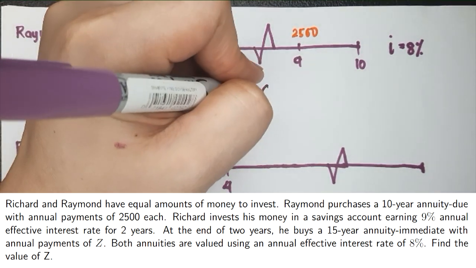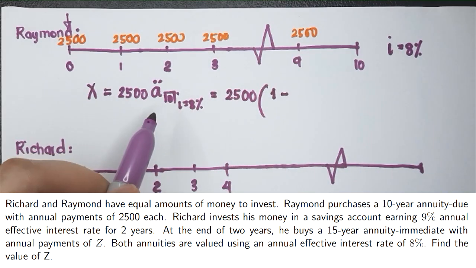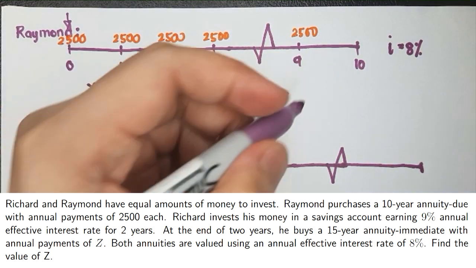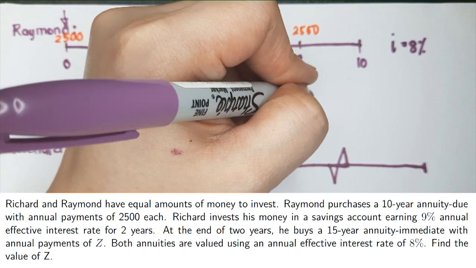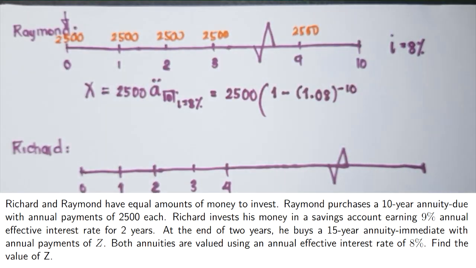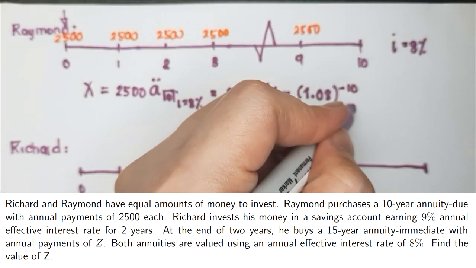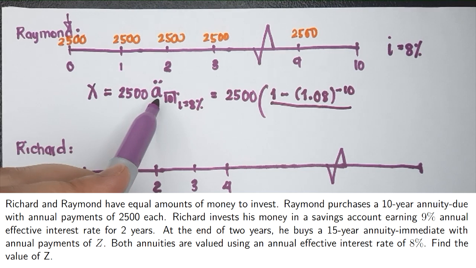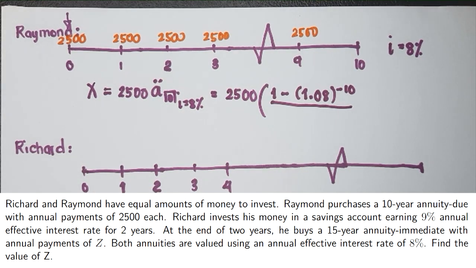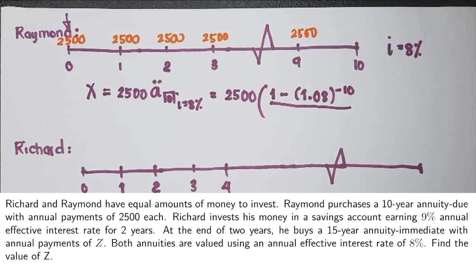2,500 times 1 minus v to the 10, but your v is 1 over 1 plus i, so you have 1.08 raised to negative 10. This is 1 minus v to the 10, over, what is the annuity due? Over d. I'm going to write d in terms of i so you can substitute directly. d is equal to i over 1 plus i.